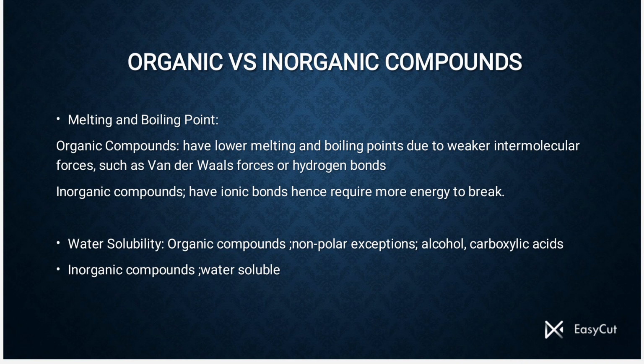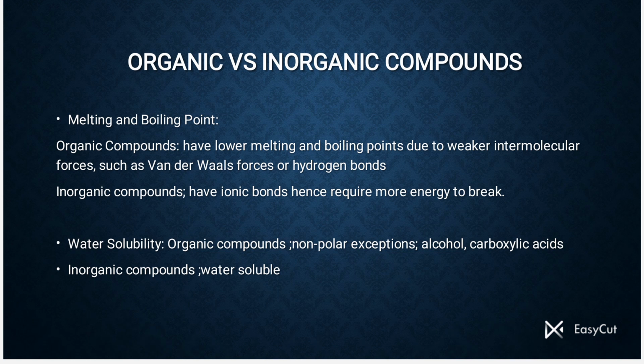Okay, so now let's compare organic and inorganic compounds. The first parameter we are going to talk about is the melting point and the boiling point. Organic compounds generally have a low melting point and boiling point because they are held together by weak intermolecular forces like van der Waals forces or hydrogen bonds.